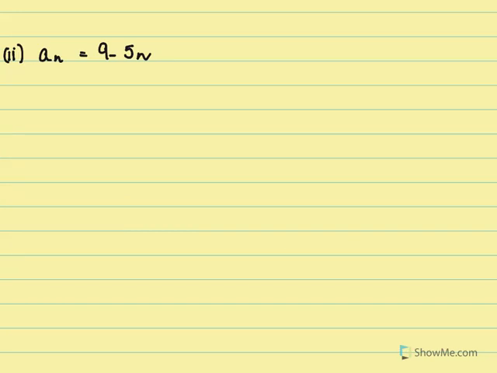Let's go ahead and check if an equal to 9 minus 5n is an AP. To find the first term, we'll do n equal to 1. So my a1 will be 9 minus 5, n is 1, which is now 9 minus 5, and it is 4.